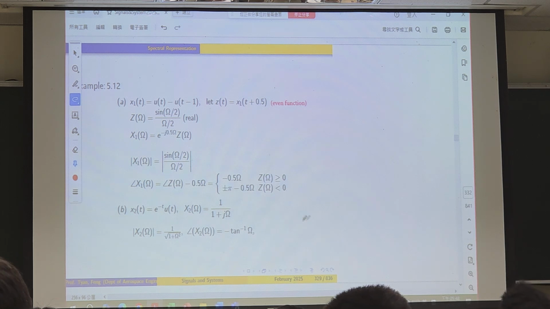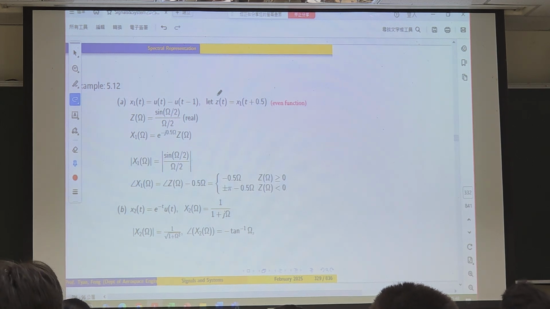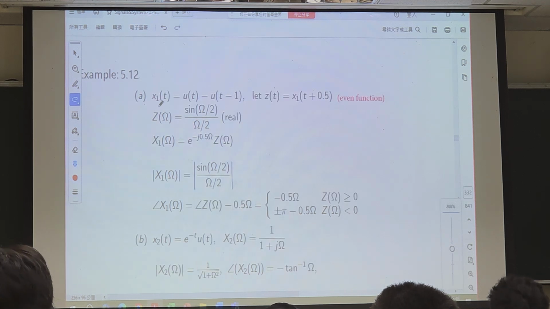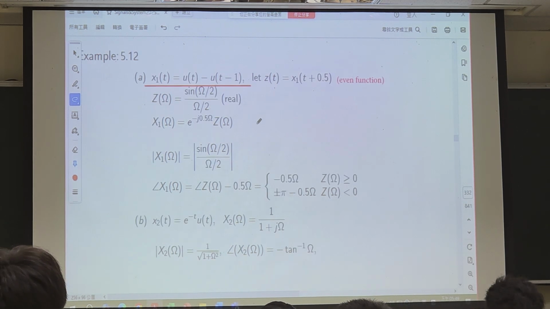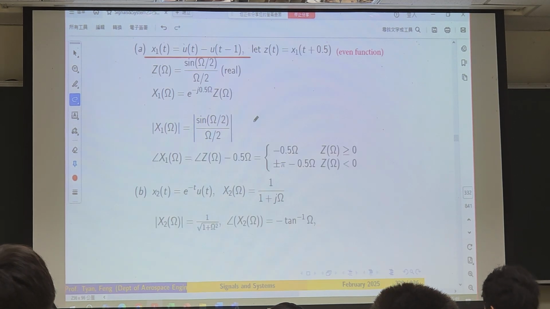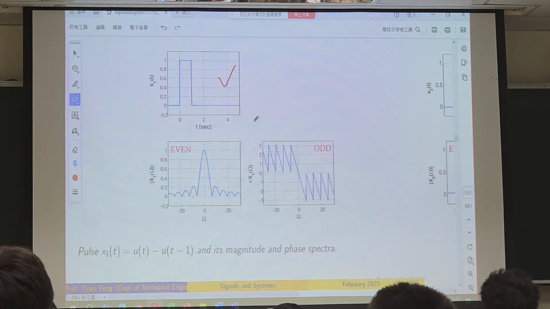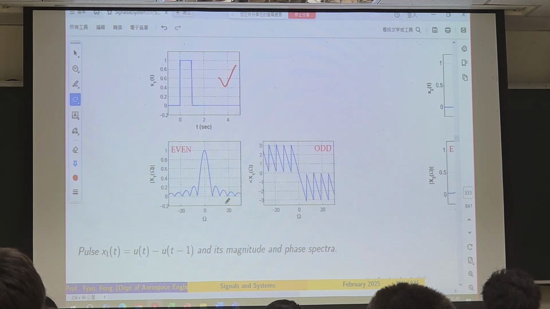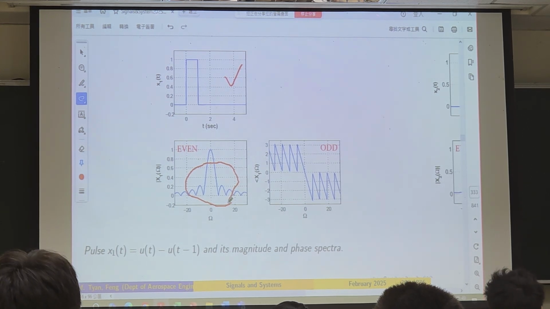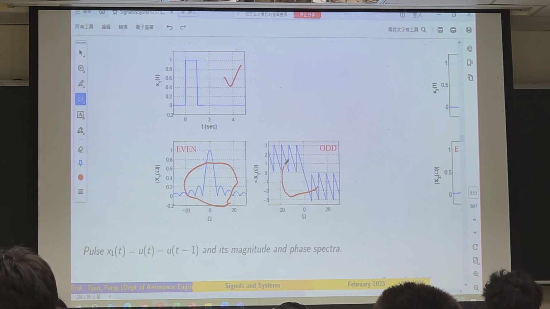Okay, so here is a quick example. For the function x1, which is a unit step u of t minus s, this is the function. And then if we take the Fourier transform, you can see that the magnitude of the function is an even function, and the argument is an odd function.